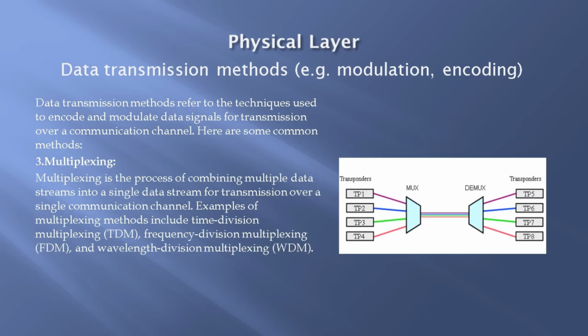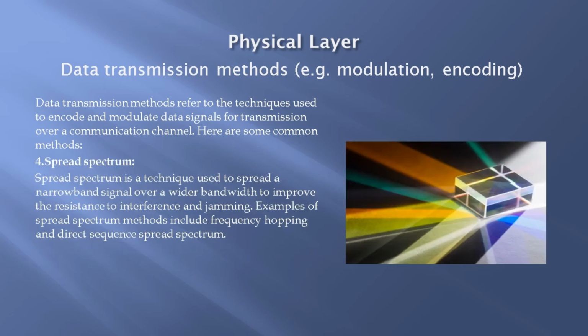3. Multiplexing. Multiplexing is the process of combining multiple data streams into a single data stream for transmission over a single communication channel. Examples of multiplexing methods include time division multiplexing (TDM), frequency division multiplexing (FDM), and wavelength division. 4.